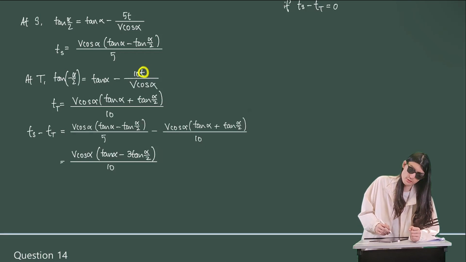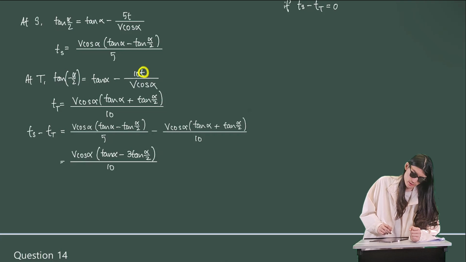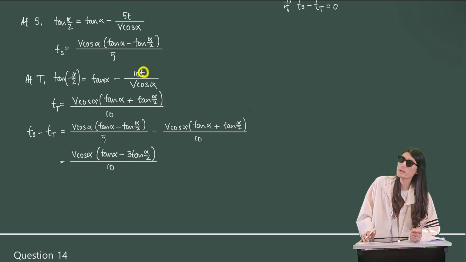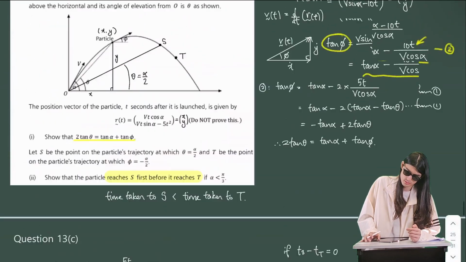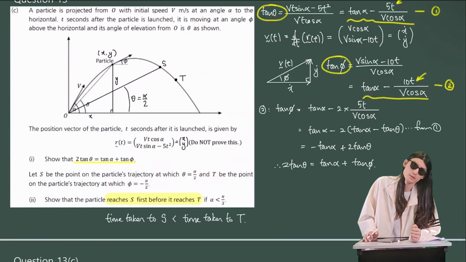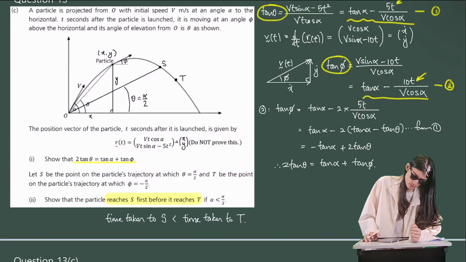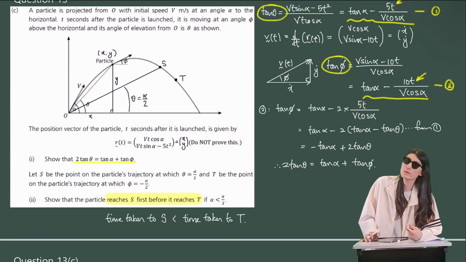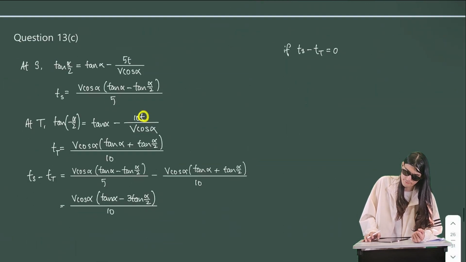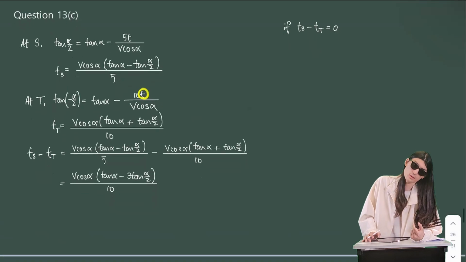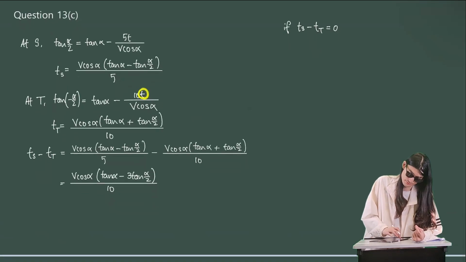Then for the time difference to be 0, because V can't be 0, and similarly cosine alpha is only 0 when the launch angle alpha is 90 degrees, but here the launch angle is not 90 degrees. The launch angle will be an acute angle between 0 and 90. So for those values of alpha, cosine alpha can't be 0 as well.